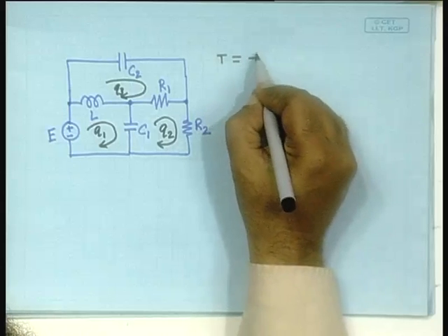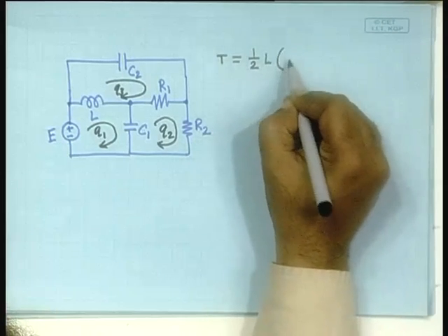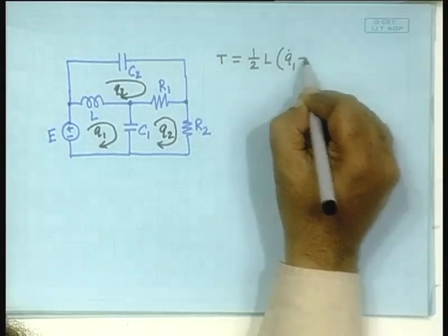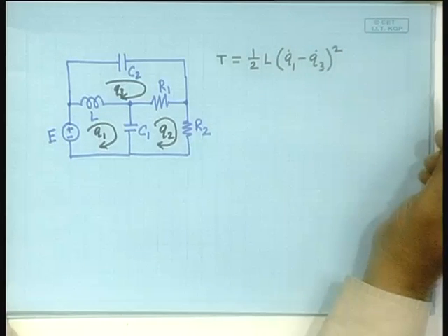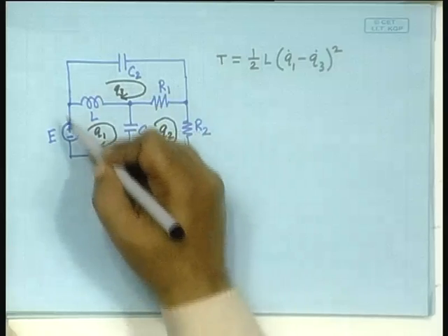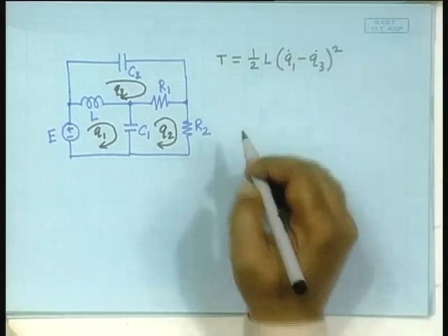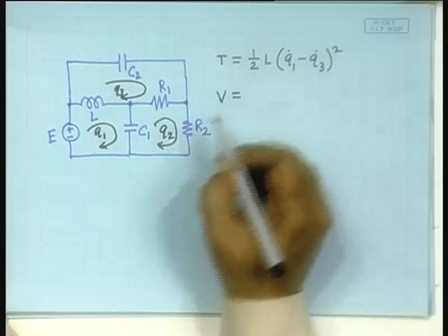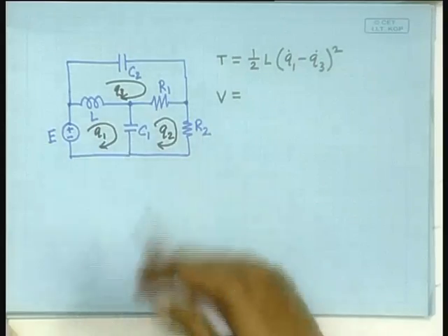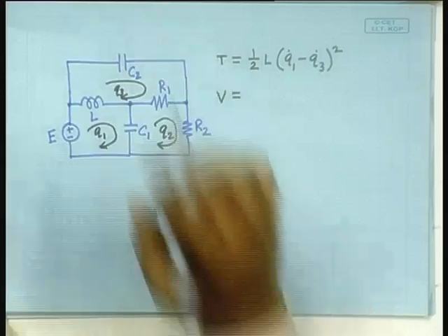So, you have half L (Q1 dot minus Q3 dot) square, and that is the only place where kinetic energy could be stored. The potential energy is the energy stored in the 2 capacitors.